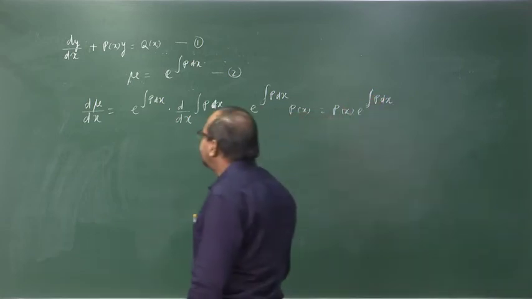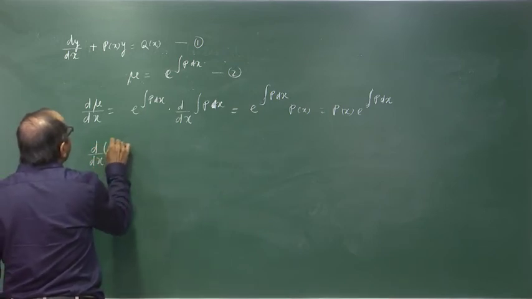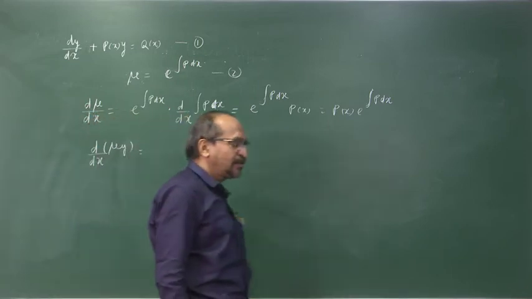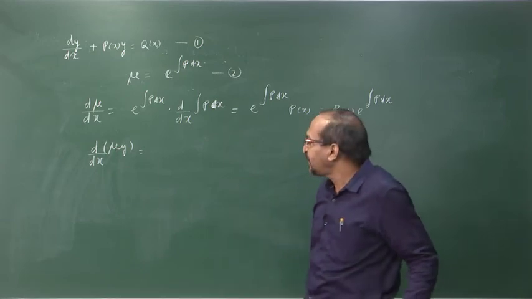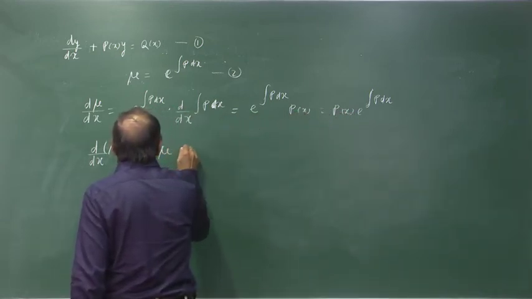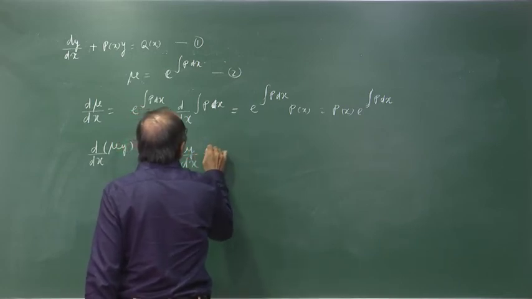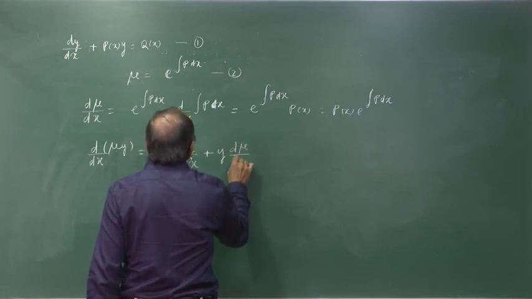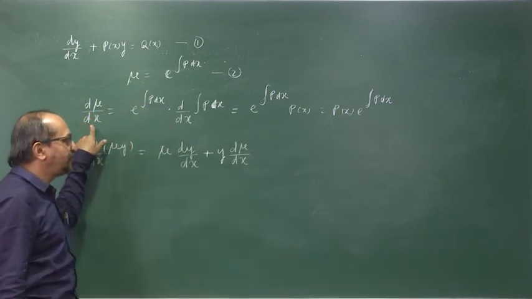Okay. Now let us find d/dx of μy. Then we will use the product rule. This is equal to μ dy/dx plus y dμ/dx. And we have already found the value of dμ/dx.